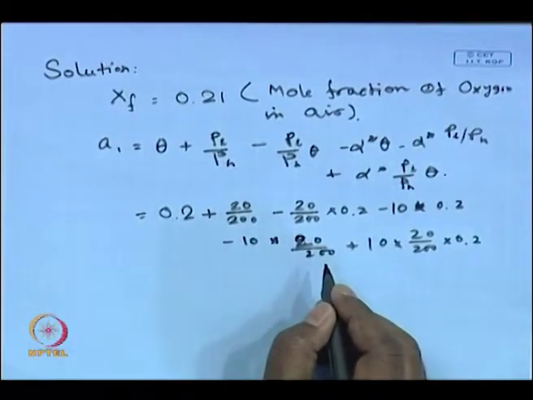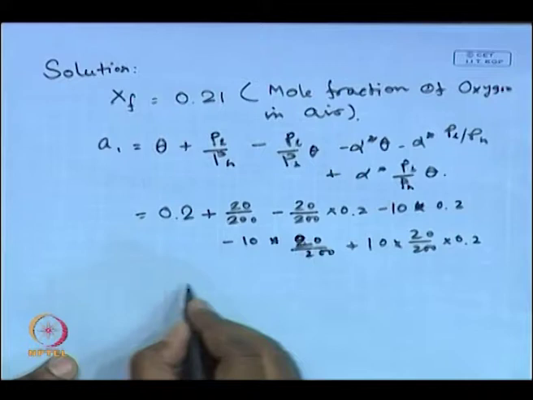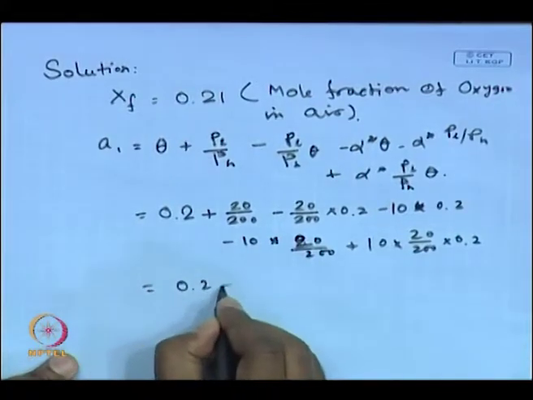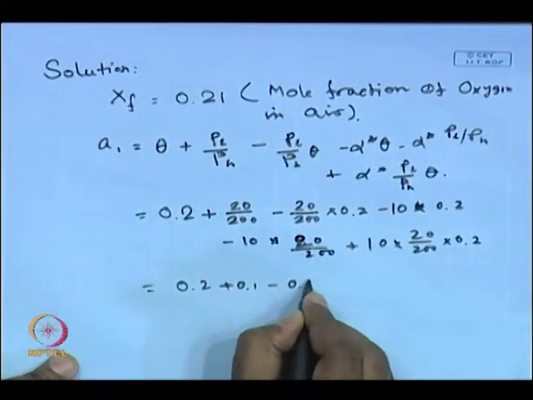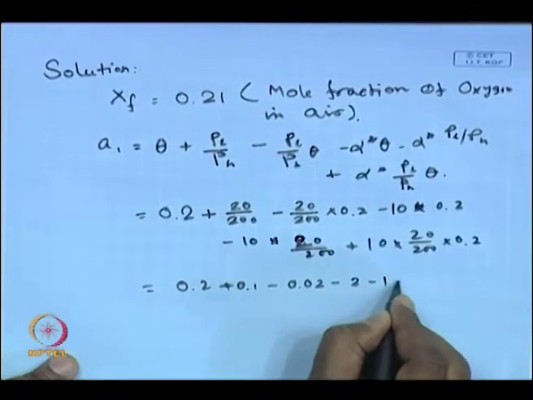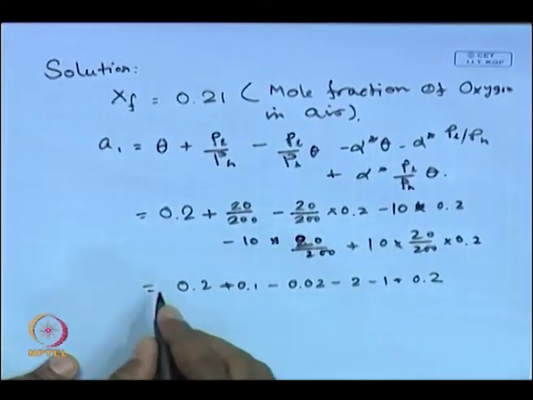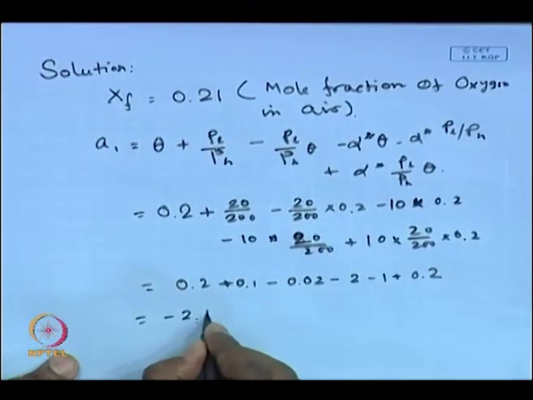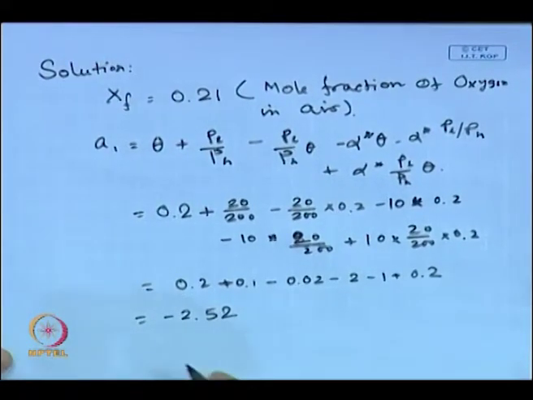So, this turns out to be 0.2 plus 0.1 minus 0.02 minus 2 minus 1 plus 0.2. So, it turns out to be minus 2.52. Okay. So, that is the value of constant A1 for the given conditions.